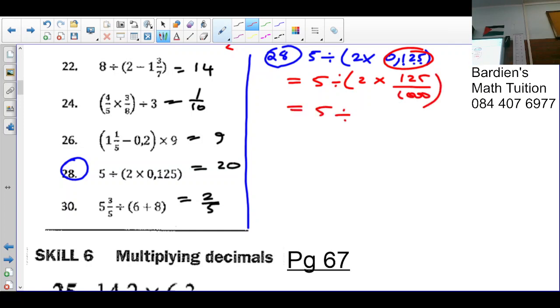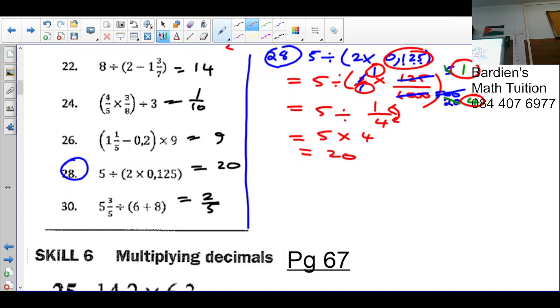So it's 5 divided by... 2 goes into 2 once, this was over 1. 2 goes into 1000, 500 times. 25 goes into 125 5 times. 25 goes into 50 twice, and there's another 0. Then 5 goes into 5 once, 5 goes into 20 4 times. 1 times 1 is 1, 1 times 4 is 4, which now gives us 5 multiplied by 4 over 1, which is 20.